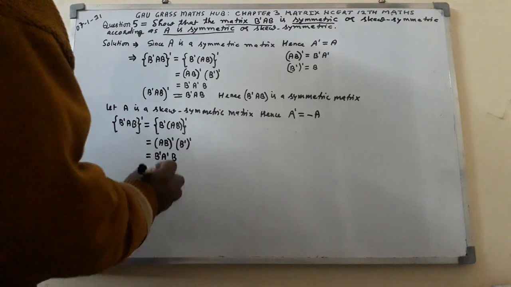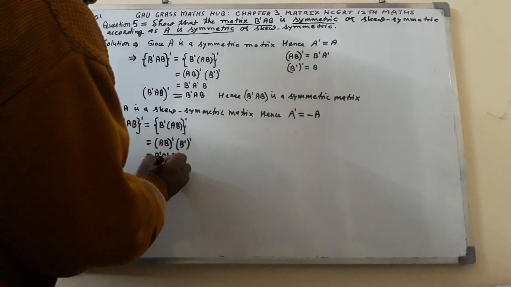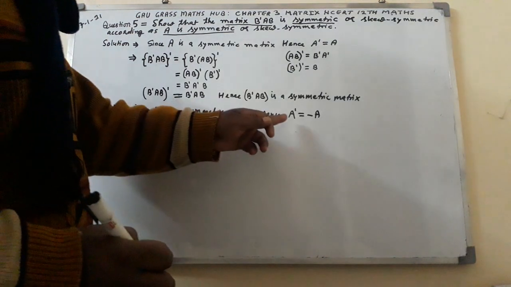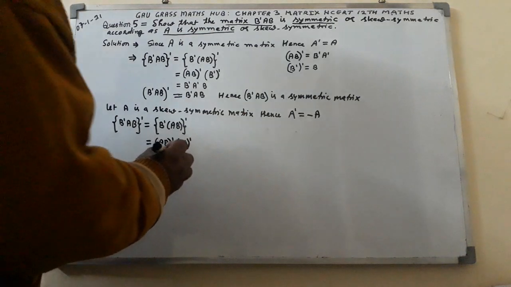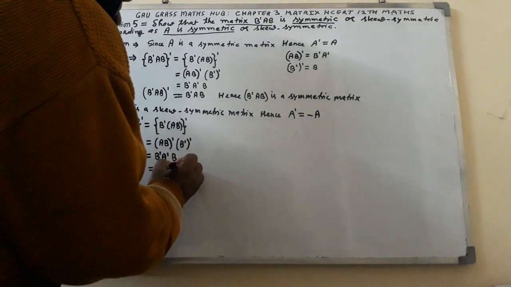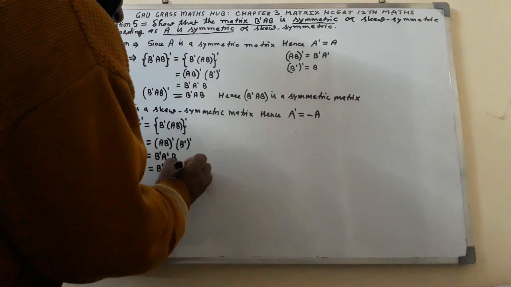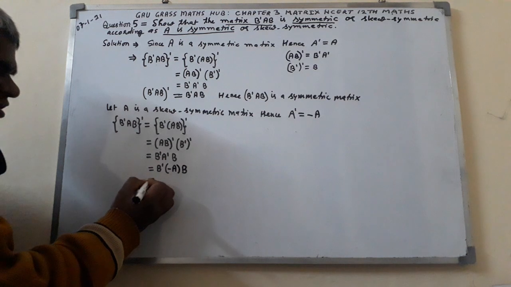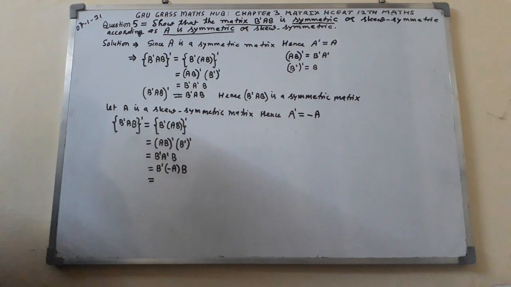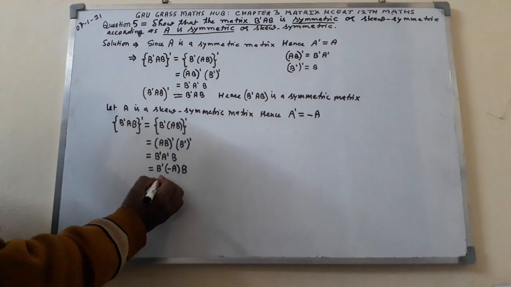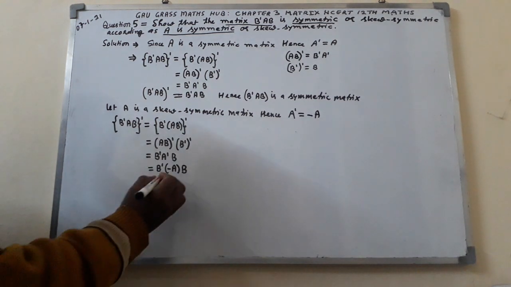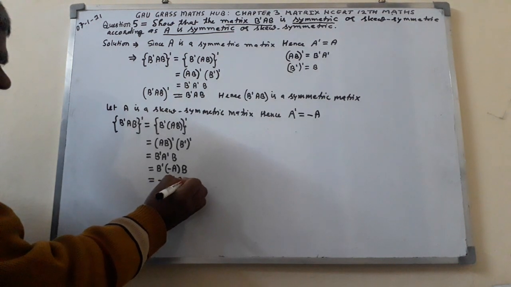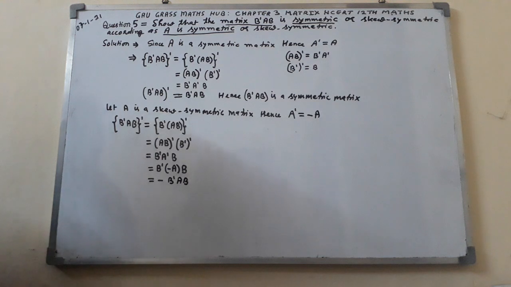Again I shall write B dash, since A dash is equal to minus A, so here write minus A, B. This one will be written. So again I shall write equal to minus B dash AB.